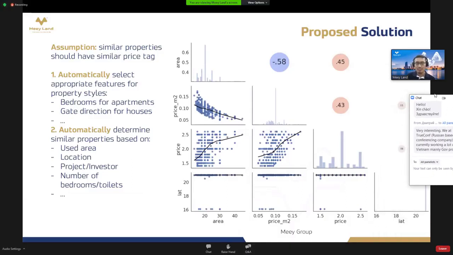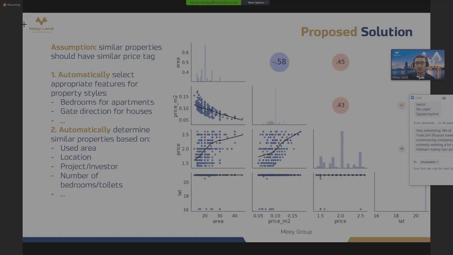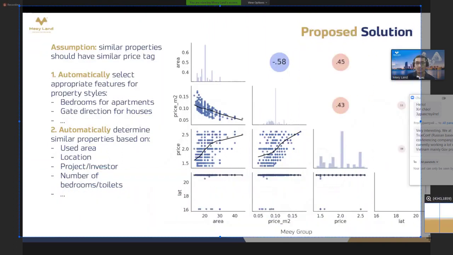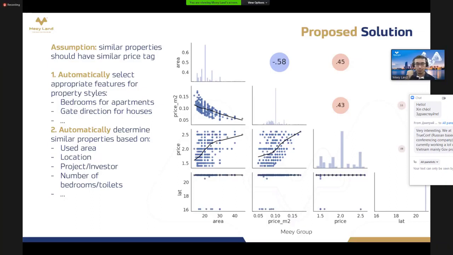Based on the assumption, we try to construct a machine that can do two things. The first is to automatically decide the features that best represent the property styles. For example, in this diagram, we analyze the data that we have. Let's look at that figure.